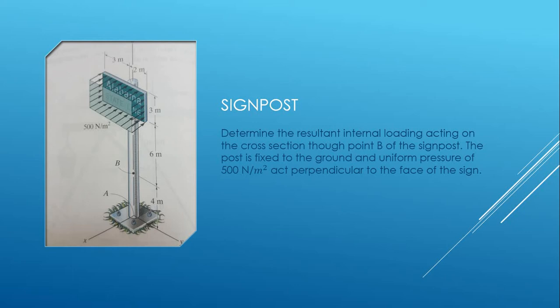It's subjected to a pressure of 500 Newton per meter square. Here they ask for the internal loading at a cross section through point P, and it's also given that the signpost is fixed to the ground.